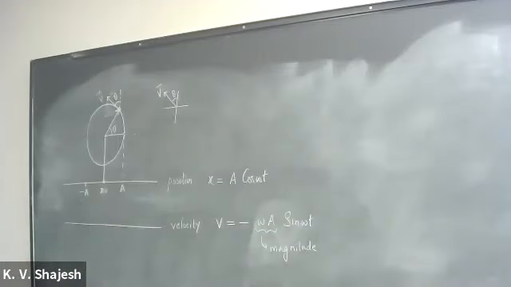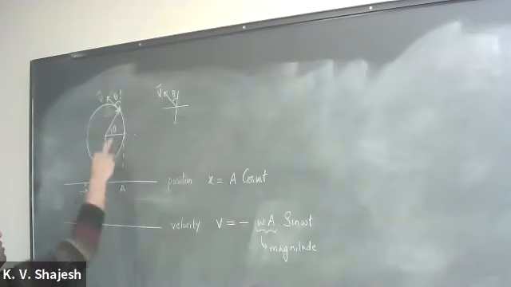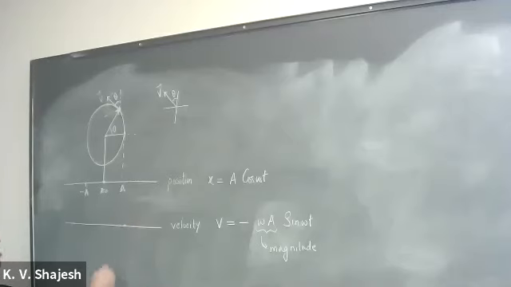So let's see how that works. When it is right here, exactly when it begins its motion, its velocity is 0. So it starts with velocity 0. As it goes inward, it is actually having the negative direction. So its velocity increases as it goes.